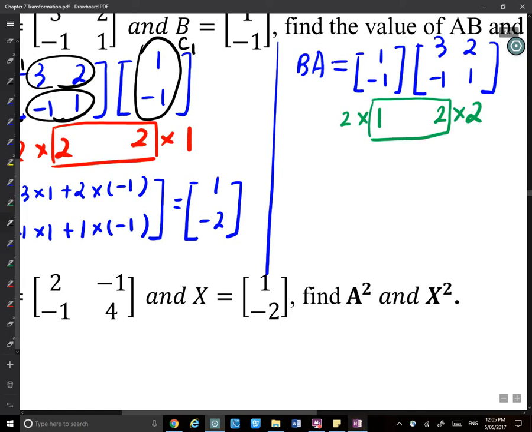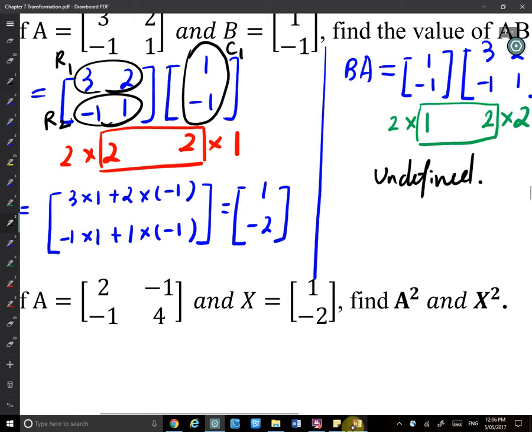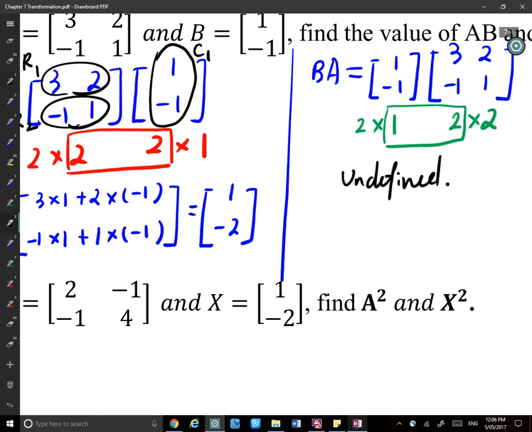Undefined, or cannot evaluate. Because the middle two numbers are not the same, those two matrices cannot be times together. So no value for B times A. You can evaluate A times B, no problem, but B times A, no.